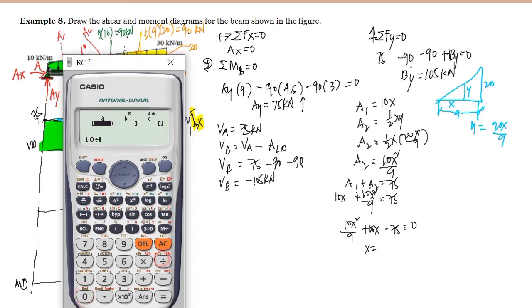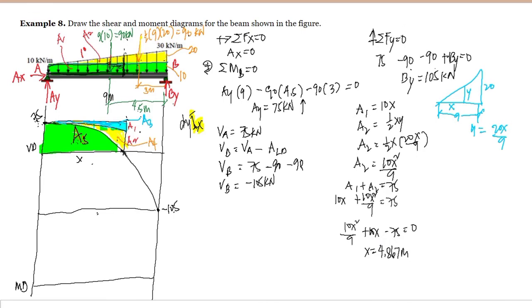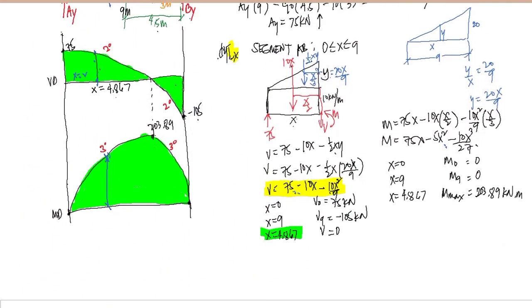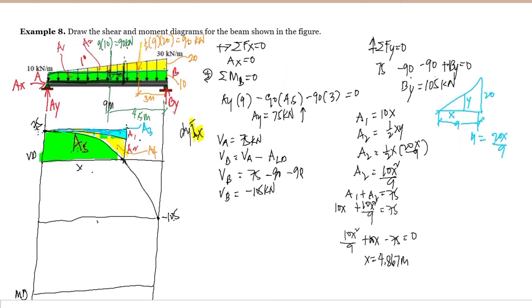This is 10 over 9, for b that's 10 and for c that's negative 75. We have here 4.867 at saka yung x2 is negative 13. Yung x1 natin is 4.867 meters. If we compare this with our previous solution, 4.867 din yung x natin dyan.